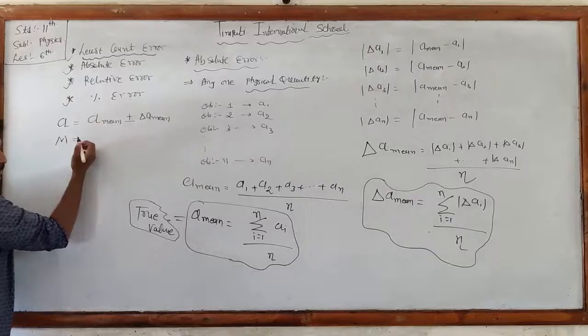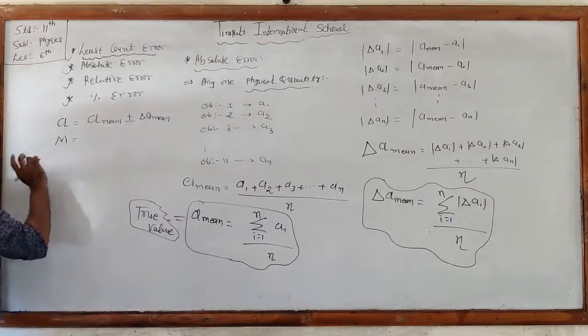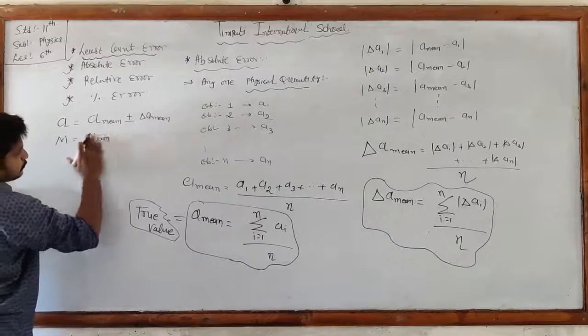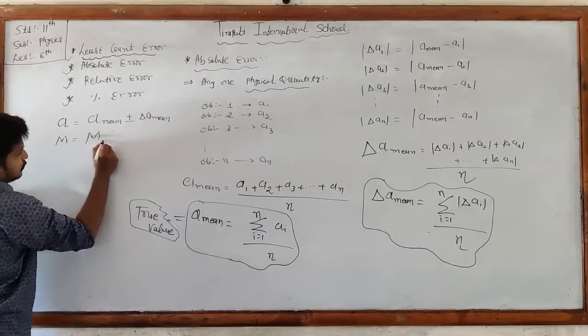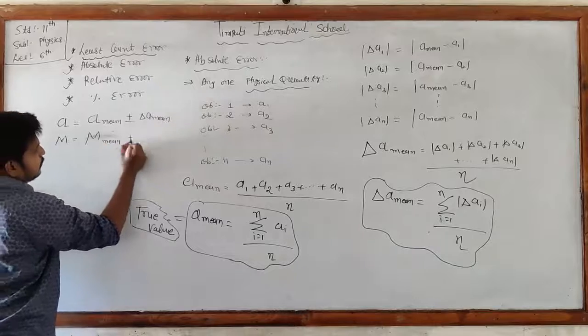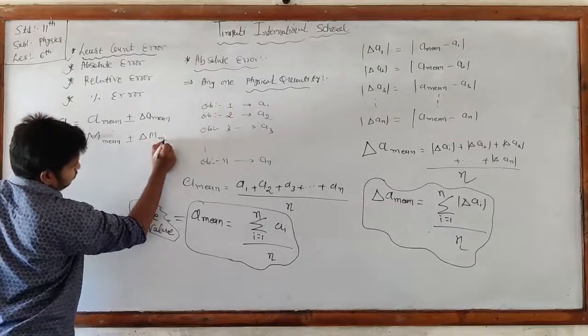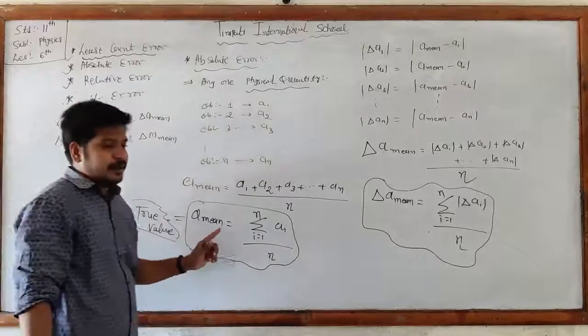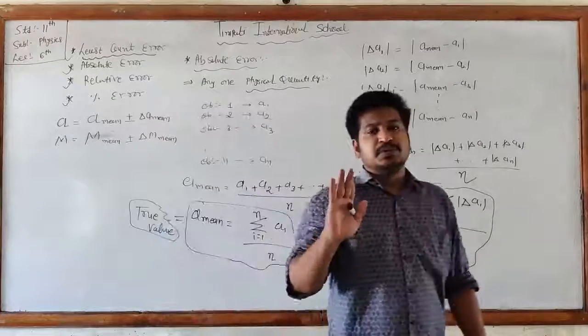I want to find the actual mass, so my measurement is equal to the mean of mass plus or minus its error. So I am finding the true value of mass, that is 1 kg.